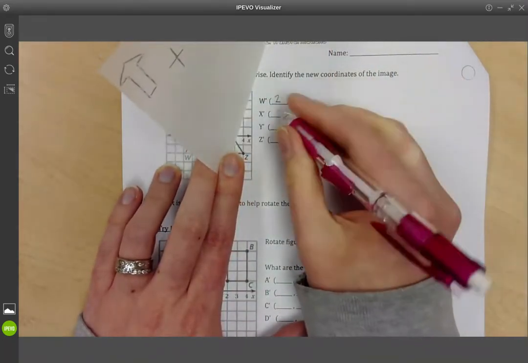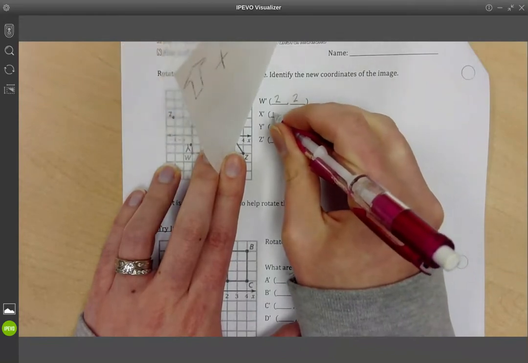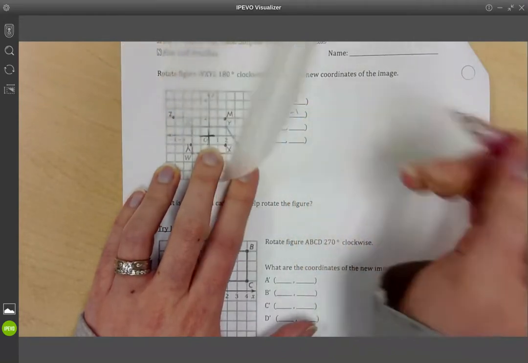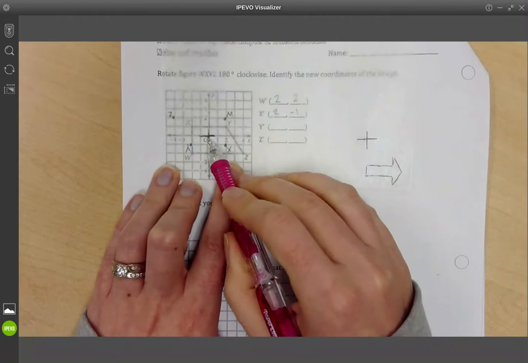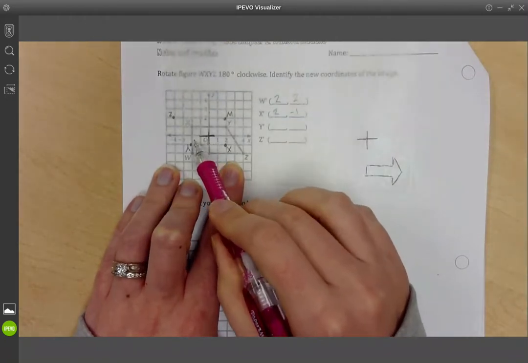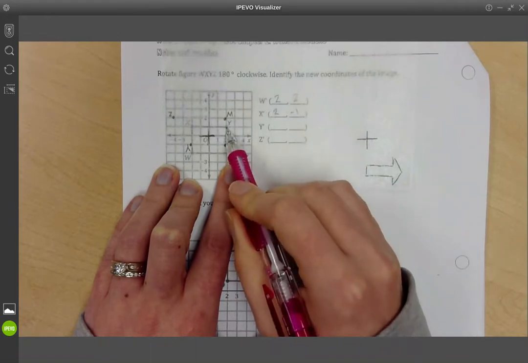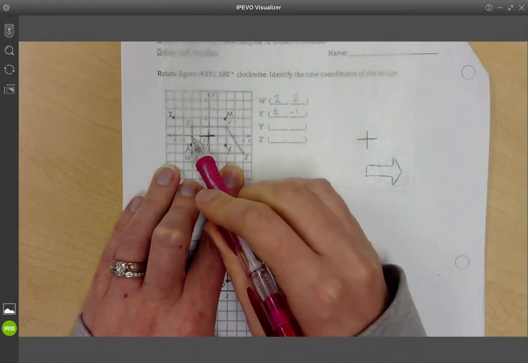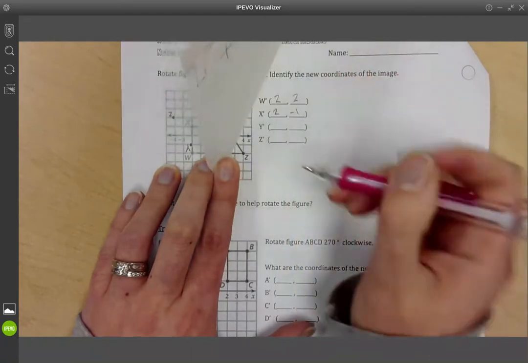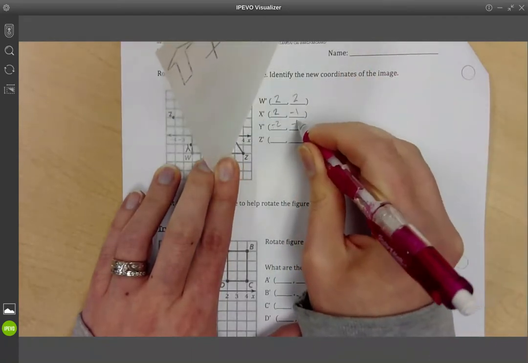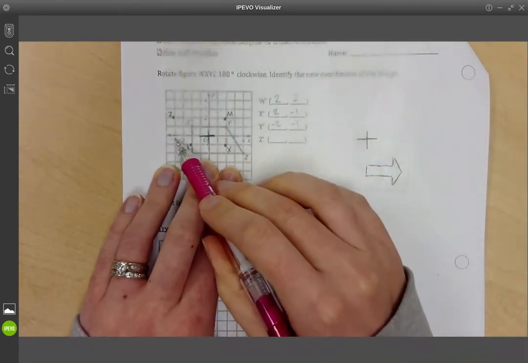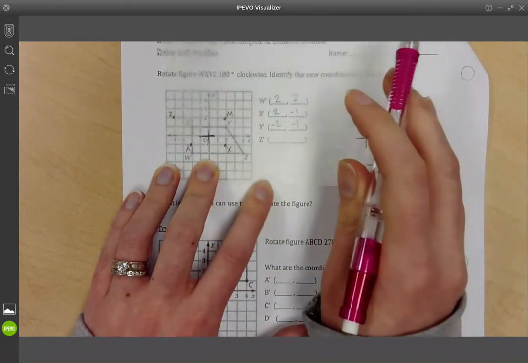They're kind of the exact opposites. Y used to be at 2, 1. Now it's at -2, -1. And Z is out there at -4, +2.